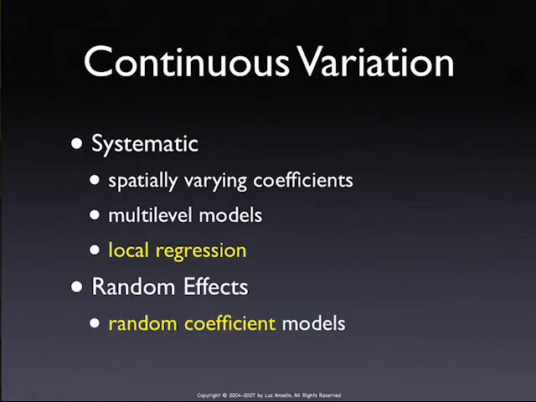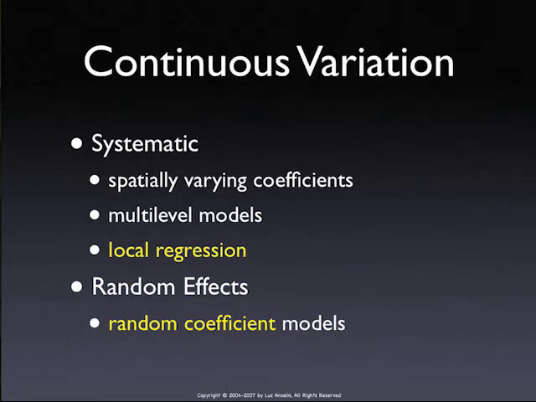Here we make a distinction between systematic variability, in the sense that it is tied to other variables or to the data, and random variability, which is a different paradigm where we think of the parameters as individual parameters. So there are individual beta i, so to speak, but they're draws from a distribution.